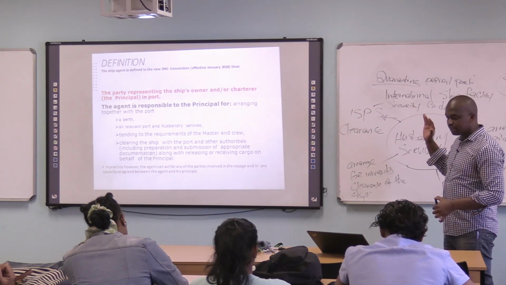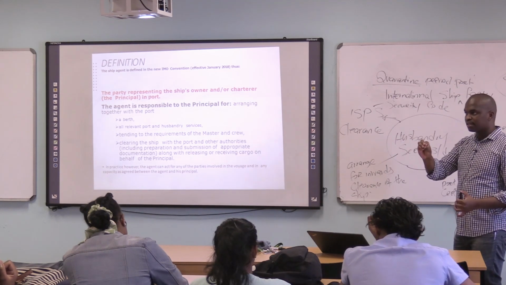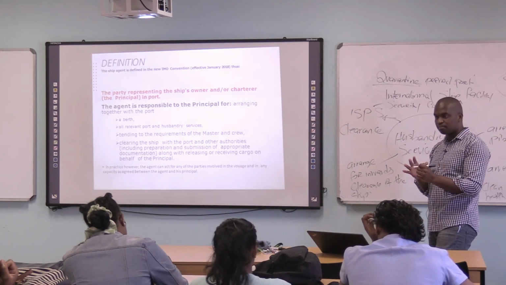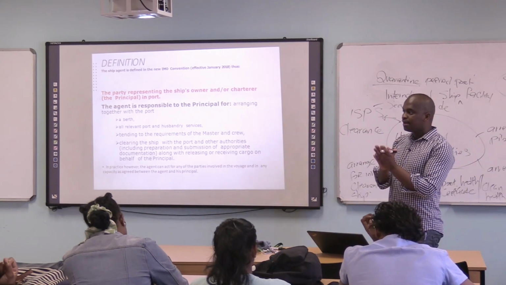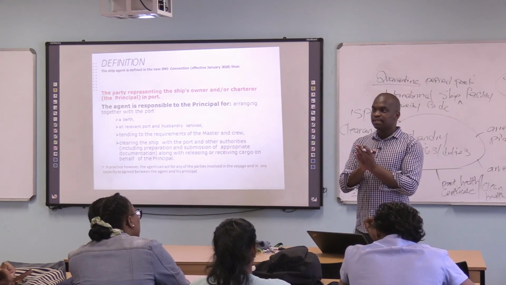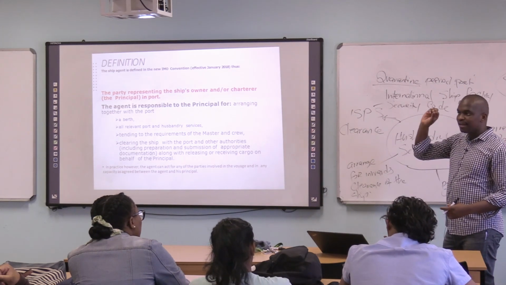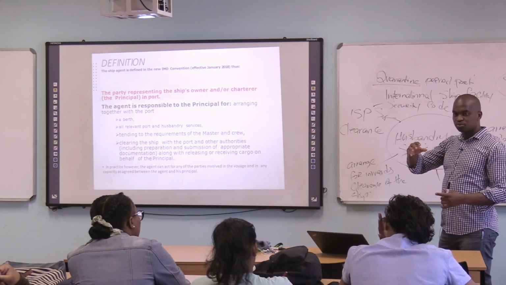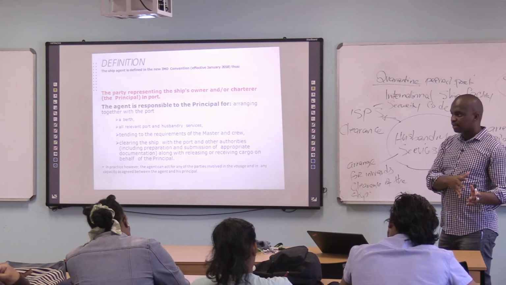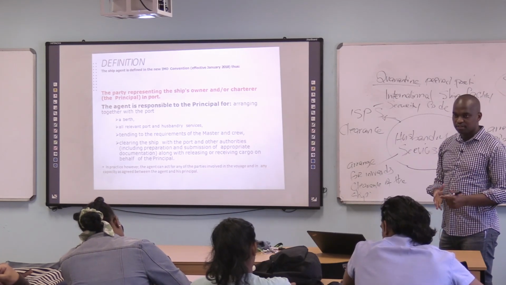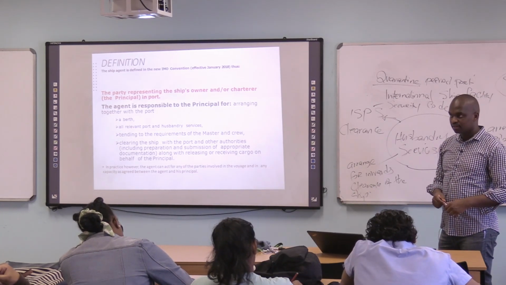So every vessel that comes or is about to call at any of the South African seaports must apply for ISPS clearance at least 96 hours prior to arriving. Do you understand?